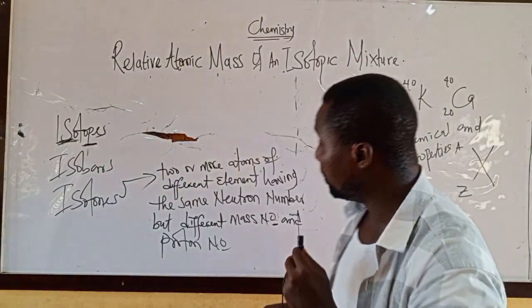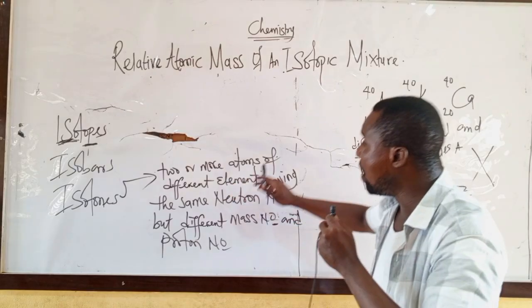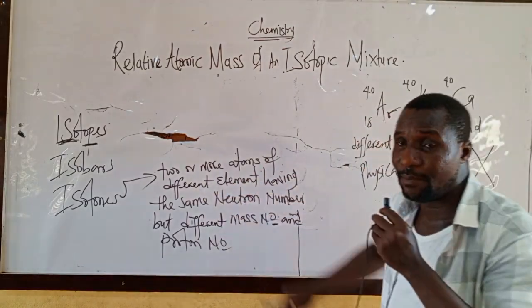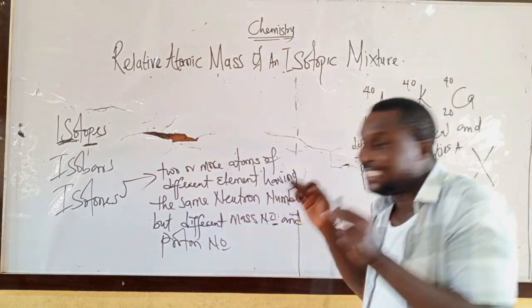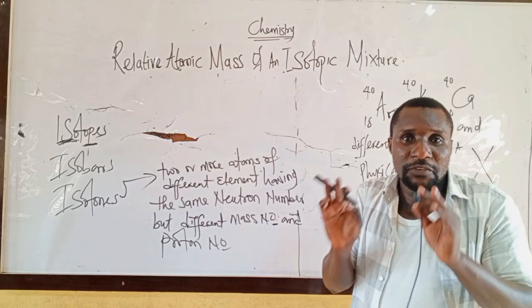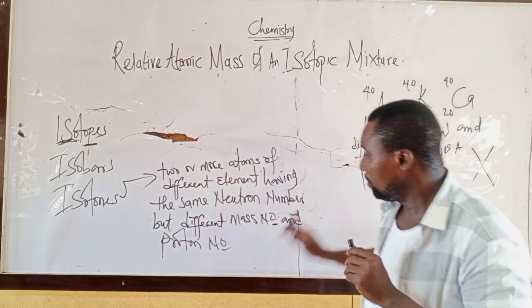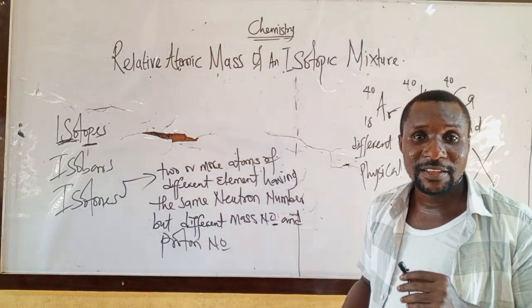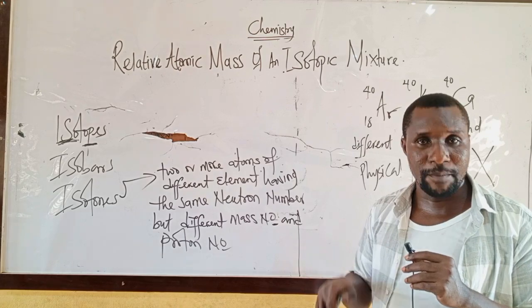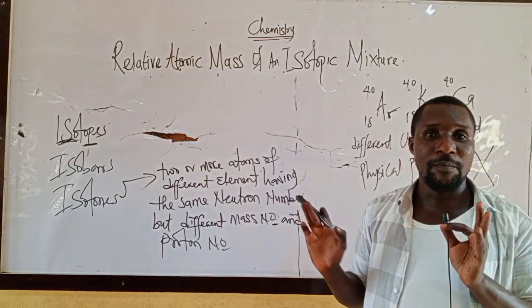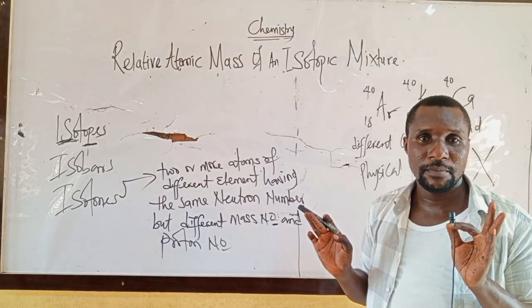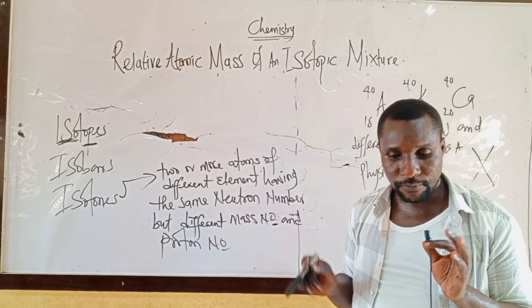Isotones are two or more atoms of different elements having the same neutron number. Their neutron number is the same, but their mass number, that means their nucleon number, and their proton number are not the same. Take note of that.